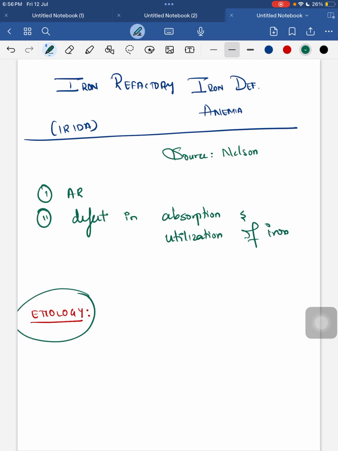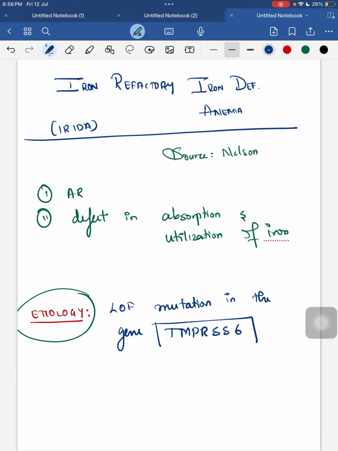So what is the etiology behind it? What is the mutation that is causing iron refractory iron deficiency anemia? The mutation involved is a loss of function mutation in the gene called TMPRSS6. What is this TMPRSS6?